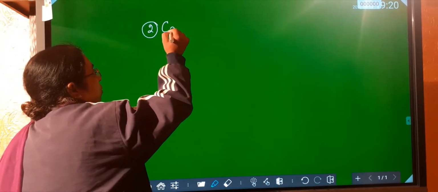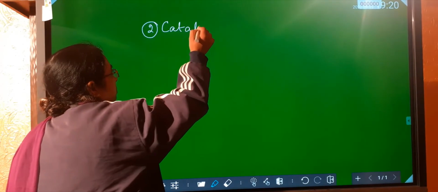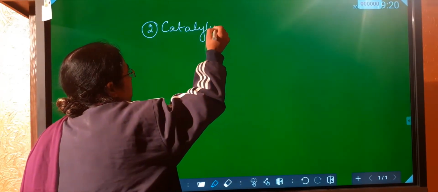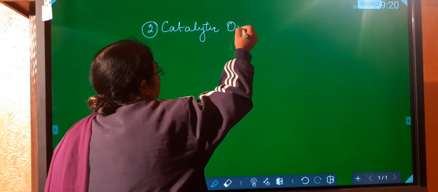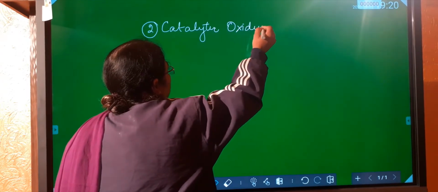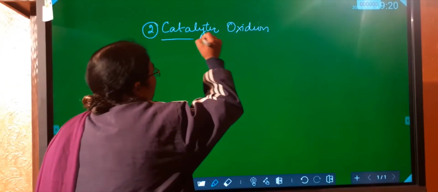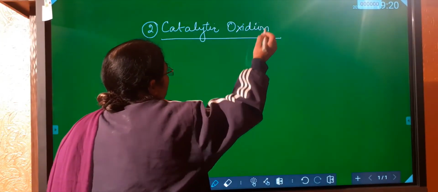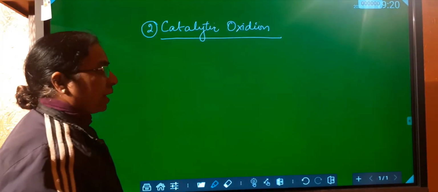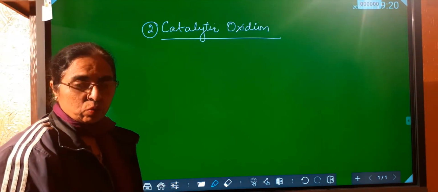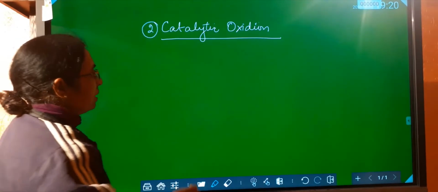Now another property is catalytic oxidation. Alright, catalytic oxidation. When we do catalytic oxidation, what will happen?